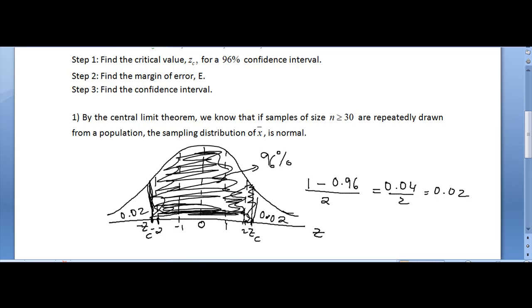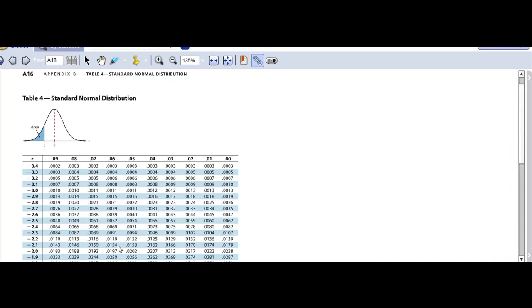So now let's bring up the standard normal table, and we will try to locate an area of 0.02 in this table. Notice that 0.02 is approximately between 0.0197 and 0.0202, but it is closer to 0.0202.